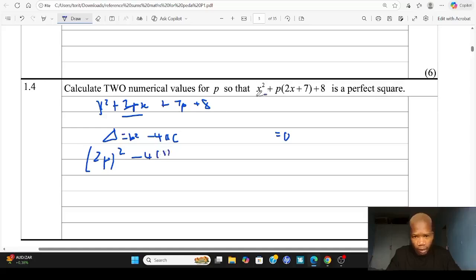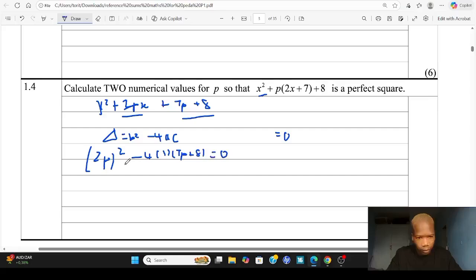What is the value of c? The value of c is 7p plus 8. Open bracket, 7p plus 8, right, is equal to 0, right?